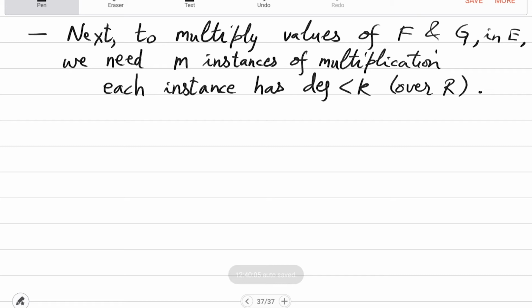So in multiplication, you have m instances of multiplication in the ring E, which is basically polynomials in y over R, and each of these m instances has degree at most k. So what will you do here? This is univariate multiplication, so you use your first theorem.